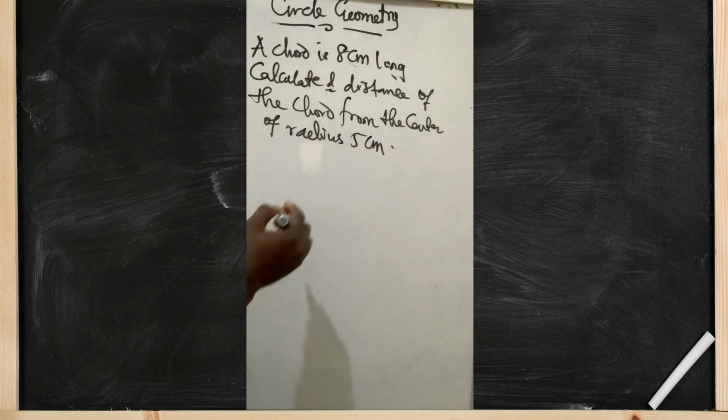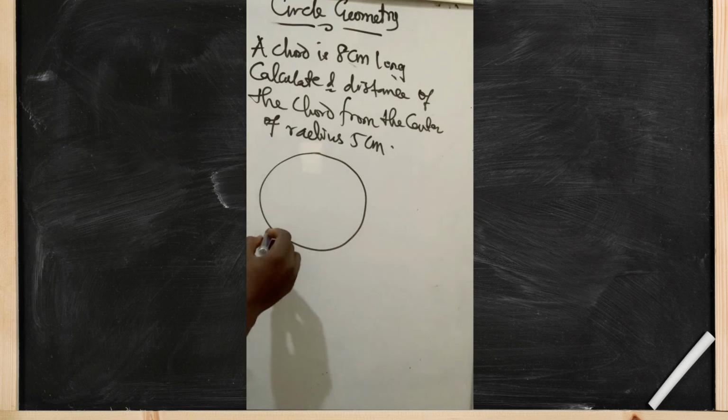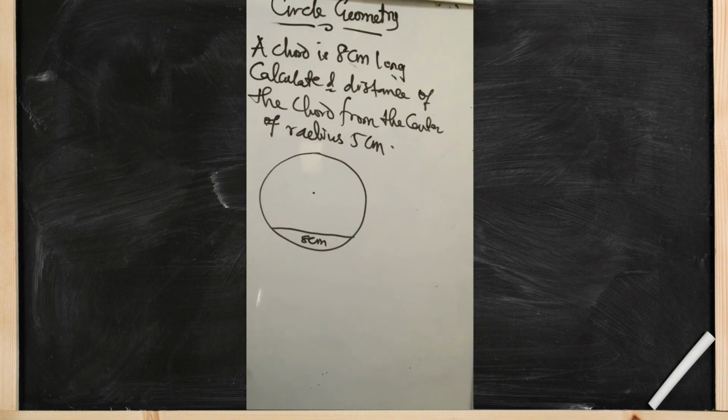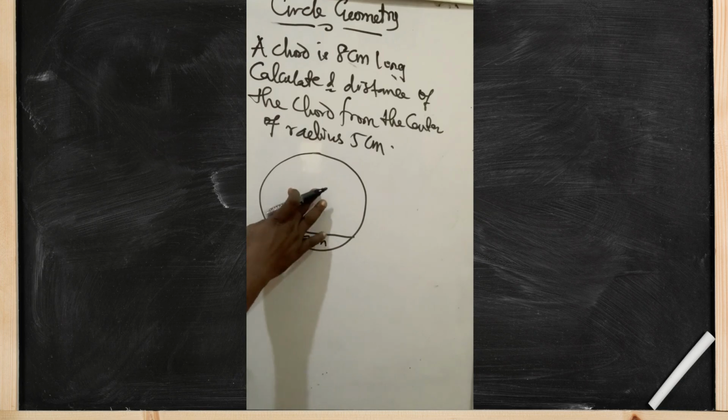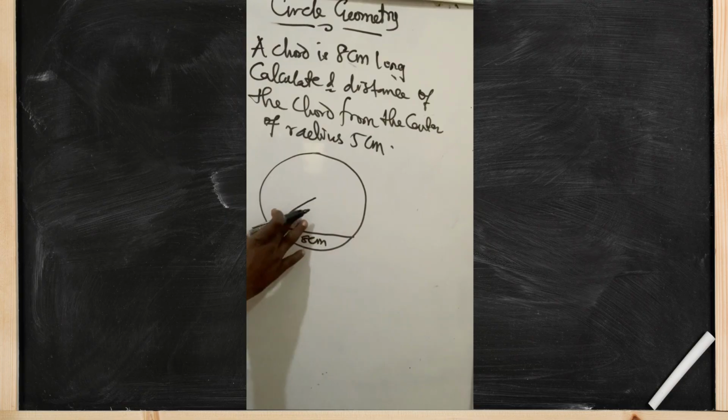So if you're going to be interpreting this question, you're having the circle, a chord of 8 centimeter. This is the chord of 8 centimeter. You're having the center of the circle. Now we have been told that the radius of this circle is 5 centimeter.